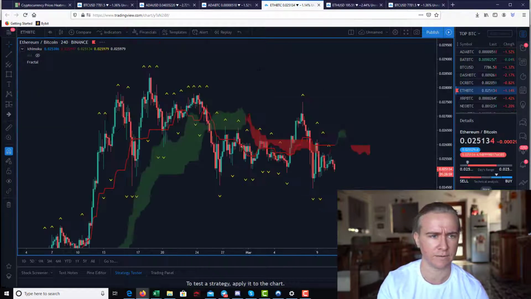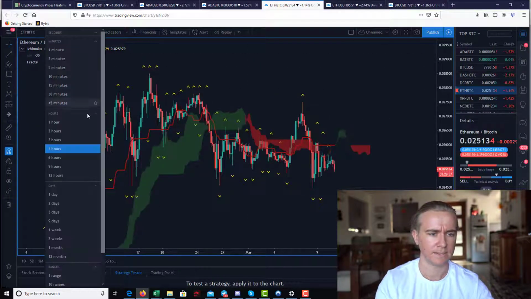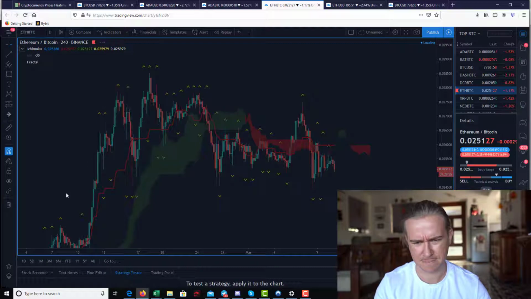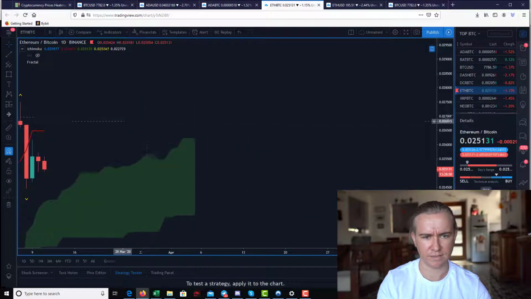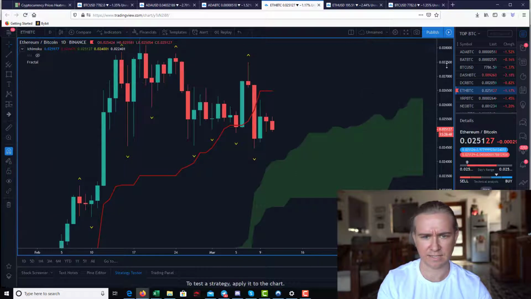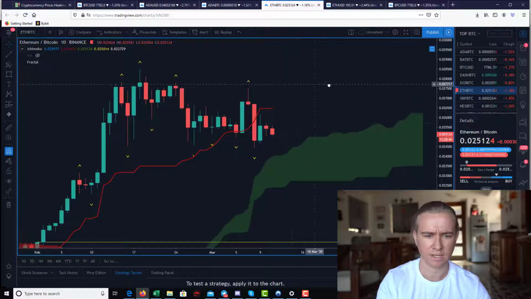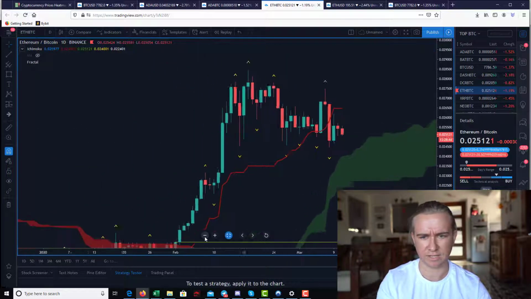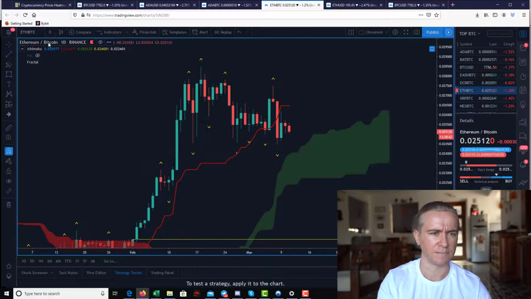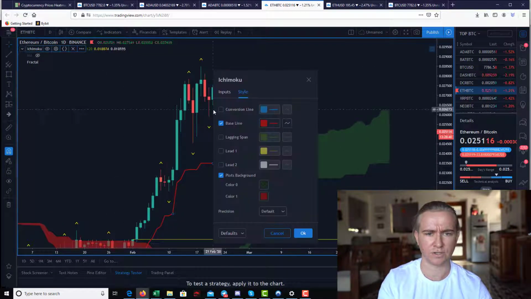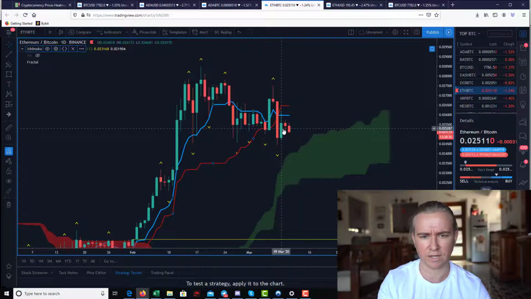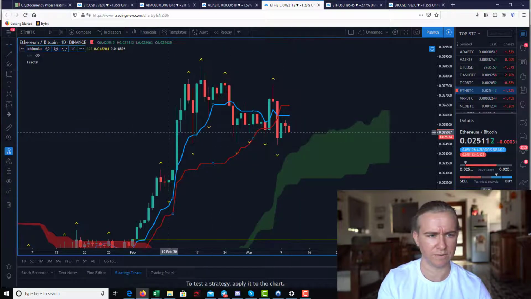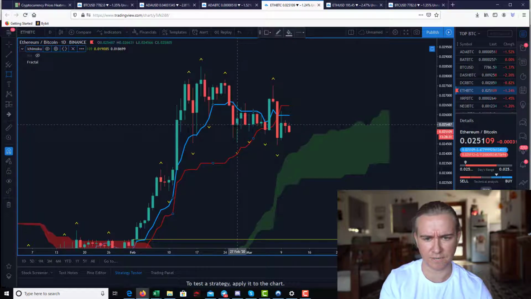Ethereum, Bitcoin, daily. We did recently get a Tenkan-Kijun cross, a bearish TK cross above the cloud. I'll put on Tenkan-Kijun on the chart to show you. We crossed on the 9th of March, and we're just playing around in these previous bear fractals at the moment.